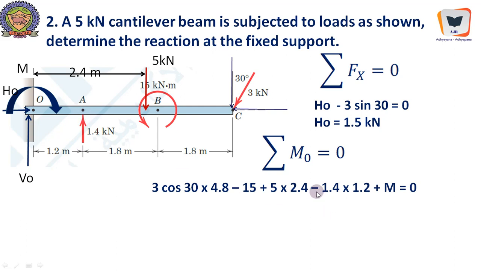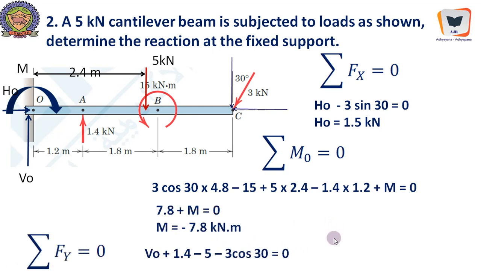It will also generate an anti-clockwise moment, therefore it comes with a negative sign, plus M, the moment reaction that we have assumed to be positive. Upon simplification we will get M equal to minus 7.8 kilonewton meter. That means the assumed direction of this moment is wrong, therefore we will change it later.